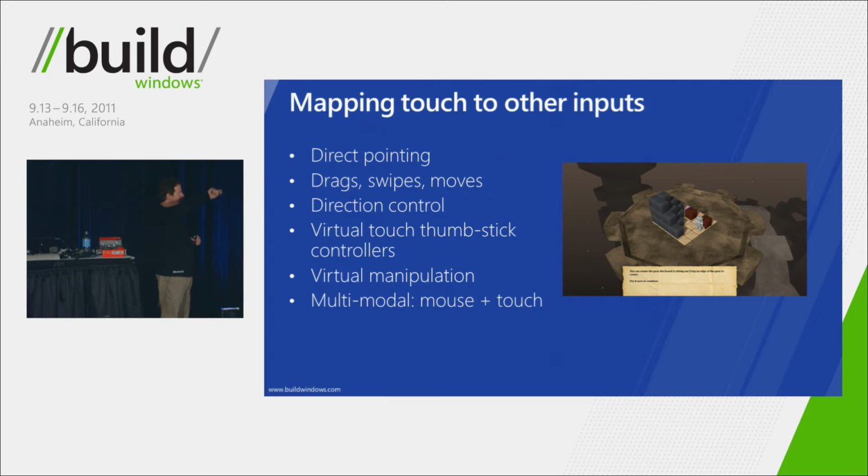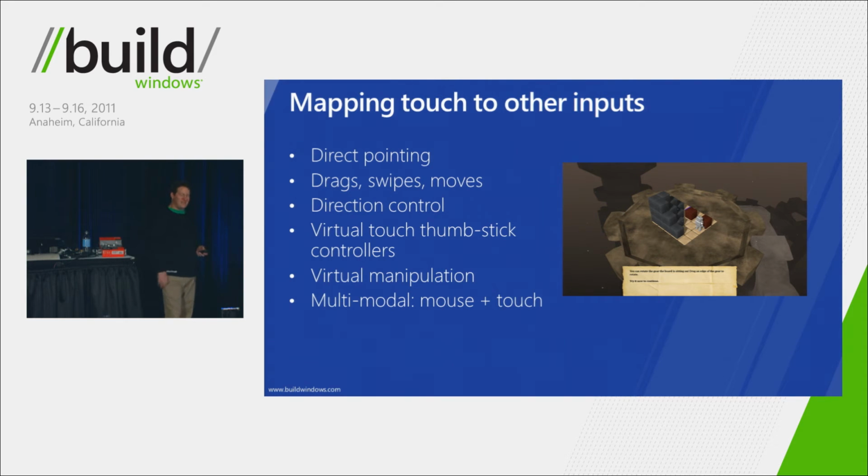So maybe you move the mouse in a circle, and that corresponds to the rotation of the gear. Or mouse on different levers or different points of interaction. So think about that. And this is probably an area where you'll need to do some playtesting. Think about, I want to offer this really cool functionality on a tablet, but I still want it to be playable on a desktop PC.